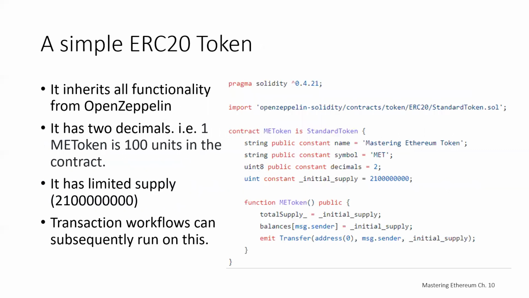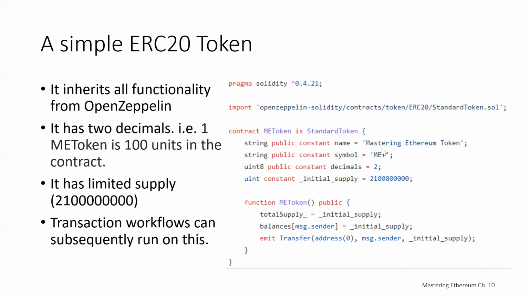So here's a look at our simple ERC20 token. This one is going to inherit all the functionality from OpenZeppelin. It's got a couple decimals in here. It's got limited supply, 21 million, kind of similar to Bitcoin, and transaction workflows can then subsequently run on this. So basically, we're importing the OpenZeppelin Solidity contracts token, ERC20 StandardToken.sol, and our token, the METoken, is inheriting from StandardToken.